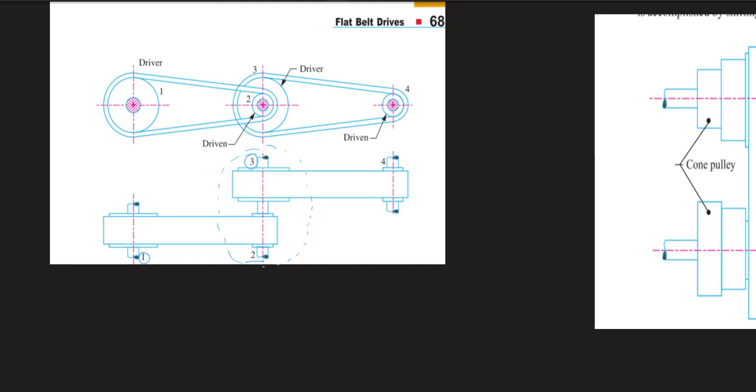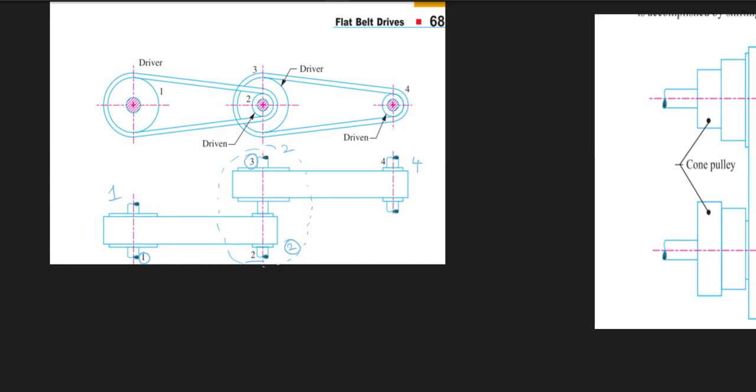Suppose here you can see, if pulley number 1 rotates 1 time, that leads pulley number 2 to rotate 2 times. Now this pulley will also rotate 2 times since they are mounted on the same shaft. Now when it goes to here, then it becomes 4 times if they are maintaining the same speed ratios.